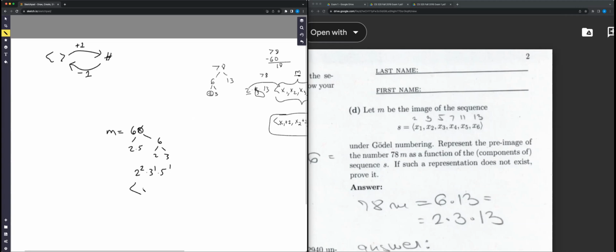That means my sequence is 2, 1, 1. I took my 60 and turned it into a sequence. Why is it 2 squared? There's a 2 here and there's a 2 here. Okay, thanks.